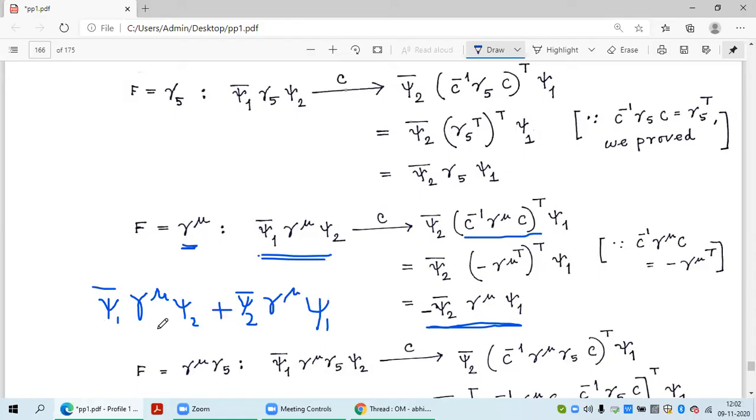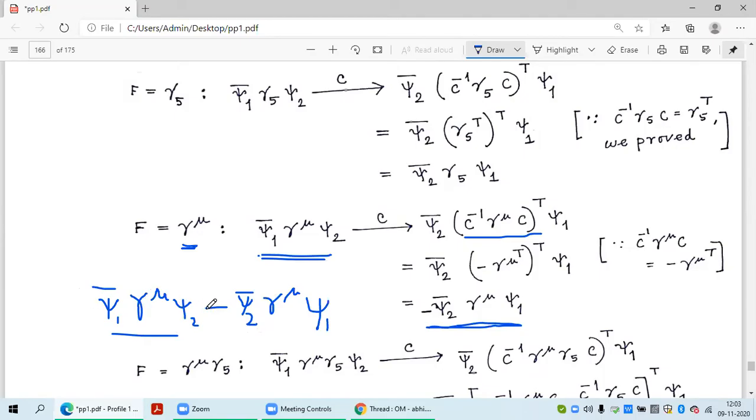One minus sign comes. If you take the difference, what will come? It remains invariant, I think. This will become minus of this, but this will become minus of this. So does the sign change or not? No, I think not.